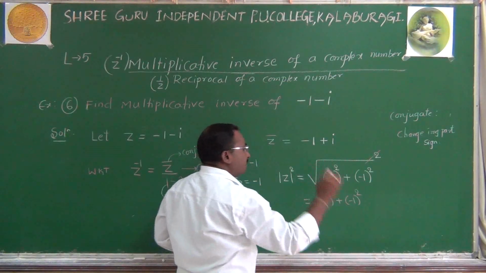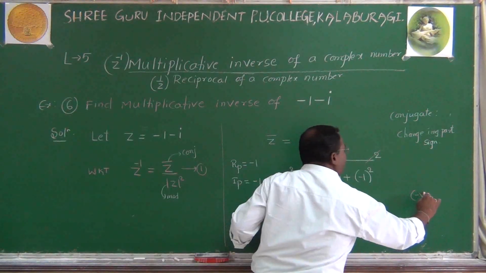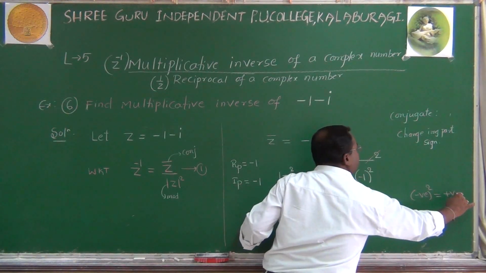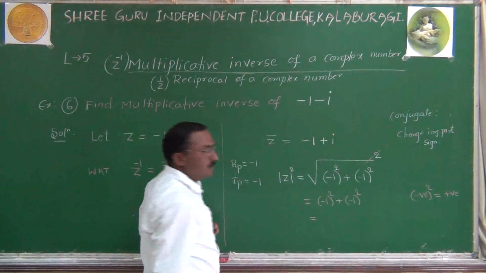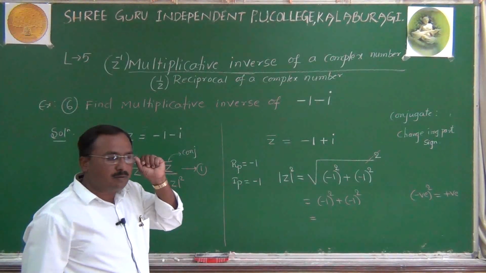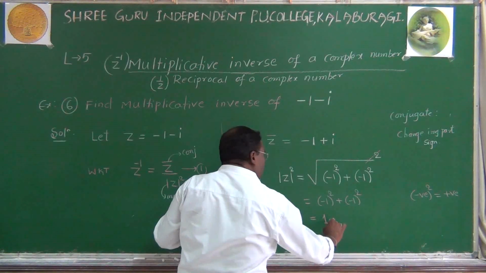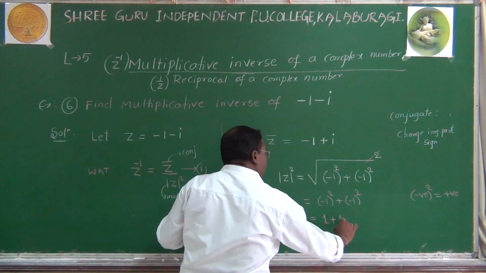Negative square is always positive, keep in your mind. 1 square is 1, 1 square is 1.